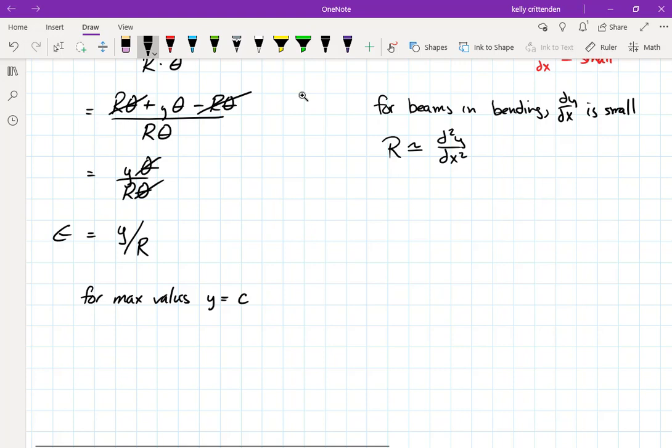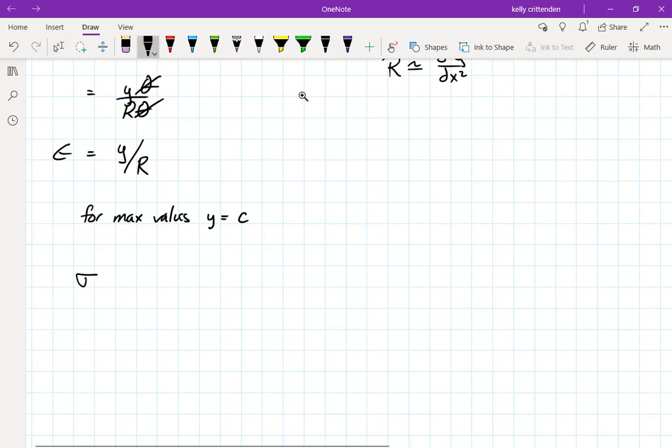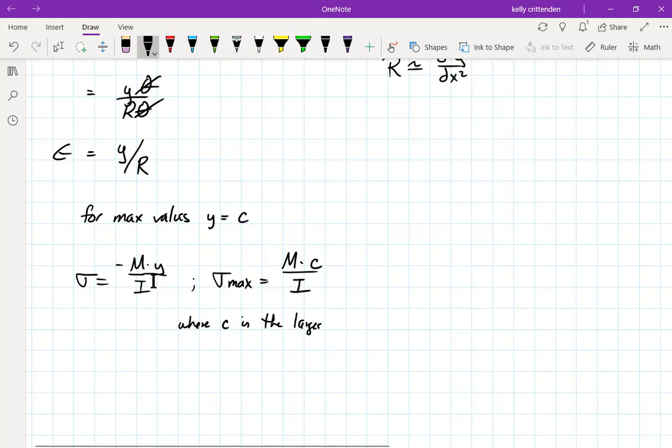So for instance, if you wanted to do sigma equals negative M times y over I, you could say sigma max equals M times c over I, and c is the largest value possible for y.